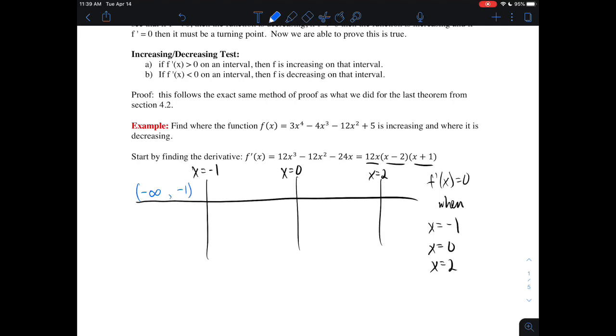Then the next interval would be from negative 1 to 0, and then from 0 to 2, and then from 2 to infinity. What we're going to do is figure out, is our derivative positive or negative in each of those intervals? And that's also going to tell us something about the actual function, f of x.